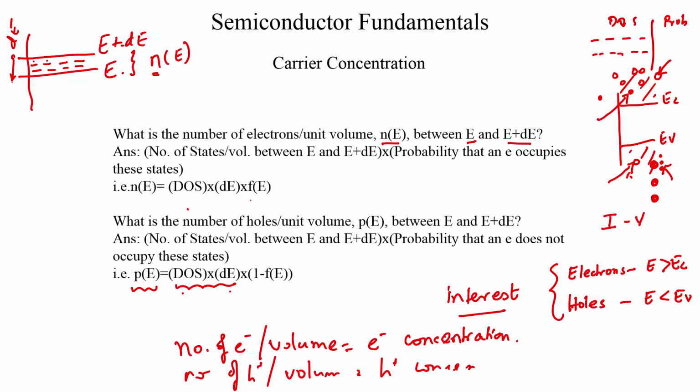F of E is the probability that states are occupied, but the probability that these states are not occupied is 1 minus f of E, and therefore, this is my count of the number of holes per unit volume between E and E plus dE. So, this is a very useful relation to remember. It is good to develop intuition with regards to these concepts.